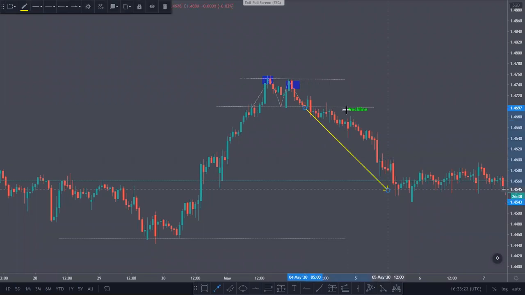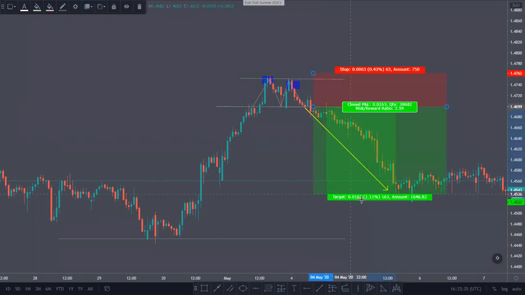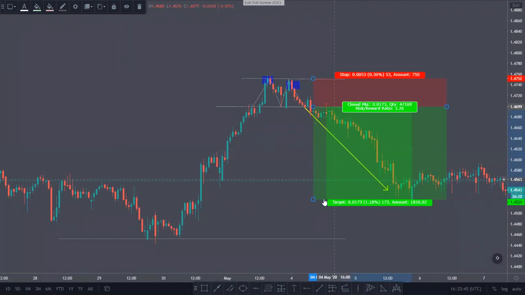And as you can see, price followed trend. It indeed fell below the neckline. So price fell for about 173 pips. So if you traded this pattern, you'll be able to catch that.